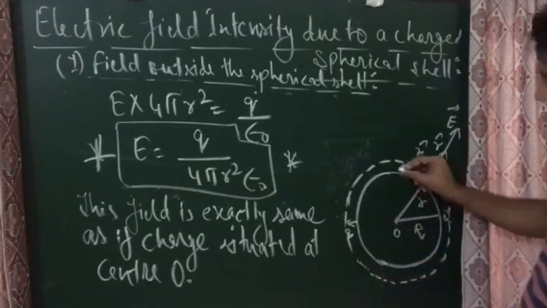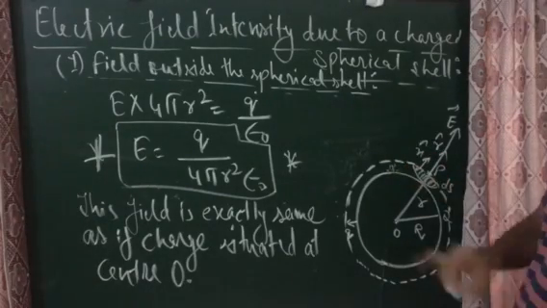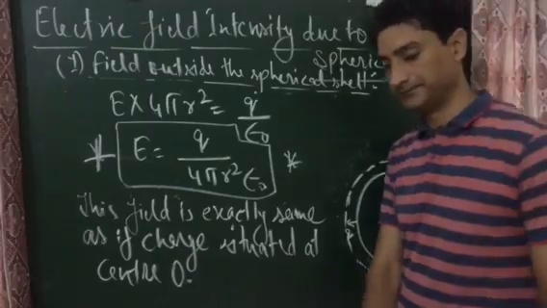Outside, where charge is uniformly distributed on this inside surface.